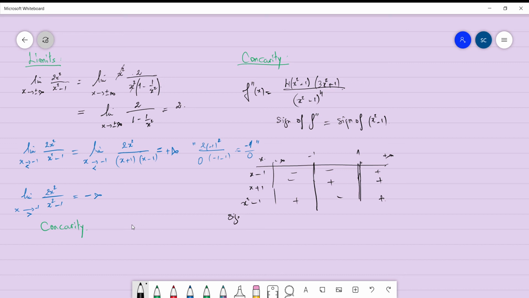we said plus concavity, so concavity we can say here concave, convex, sorry. So concavity of f.